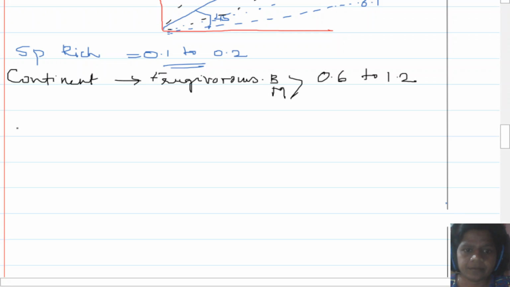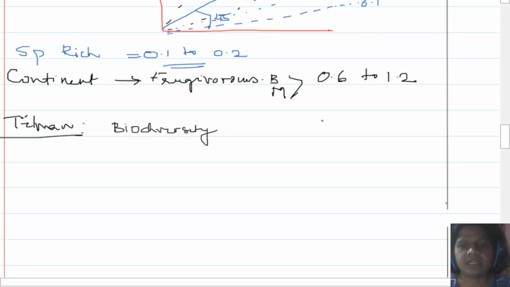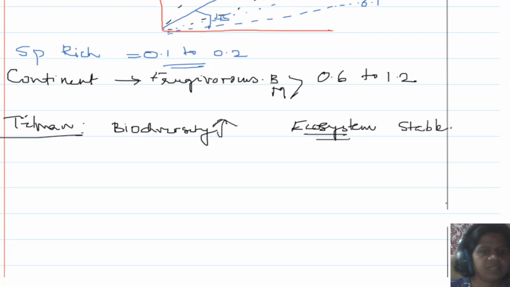According to Tilman, another guy, if there's more biodiversity, then that ecosystem will be stable against natural and man-made calamities. Yes, that's what he said.